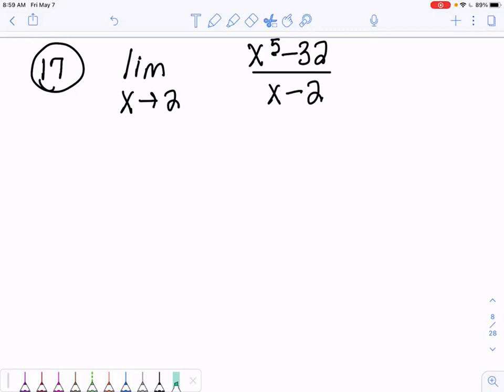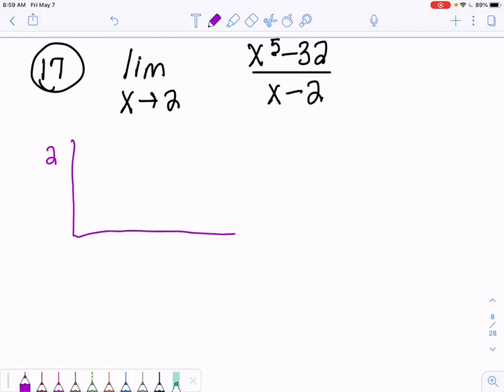So we're going to use synthetic division. Synthetic division does work because the denominator is linear. So we're going to take that 2, and it's a positive 2. Remember, that's x minus h, or x minus whatever value is there. That's the factor, but the number you're dividing by is actually just the 2. That goes outside.